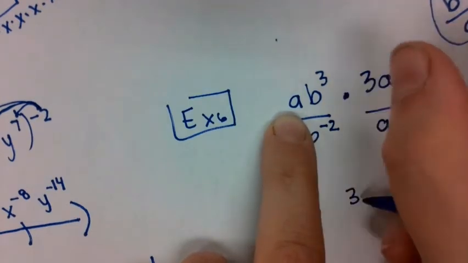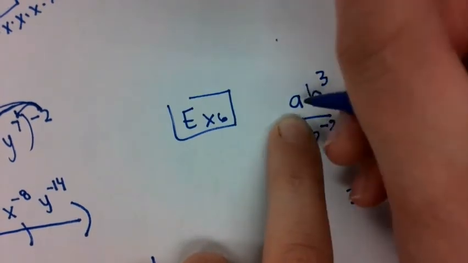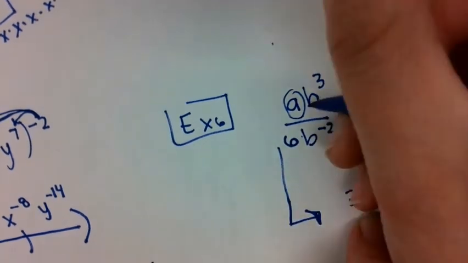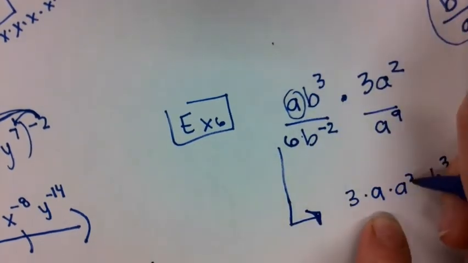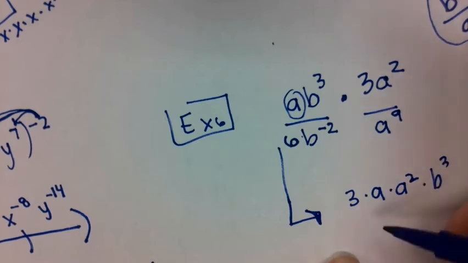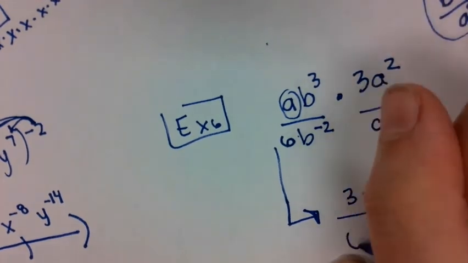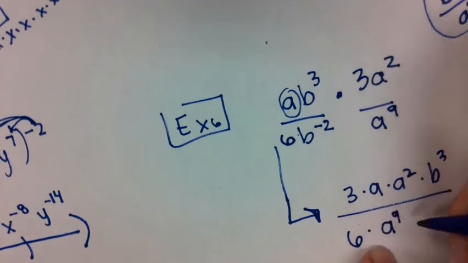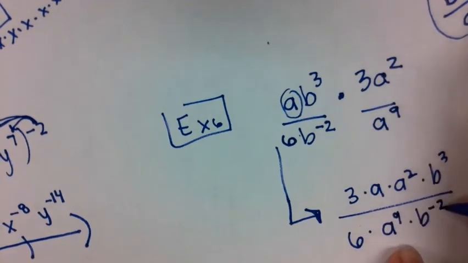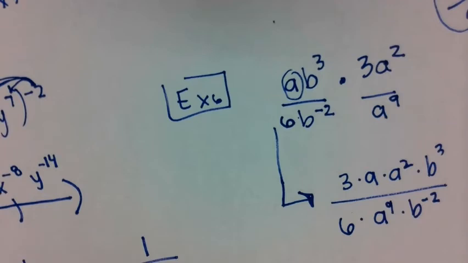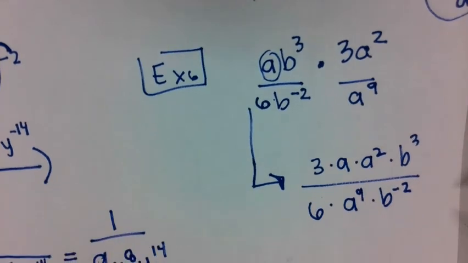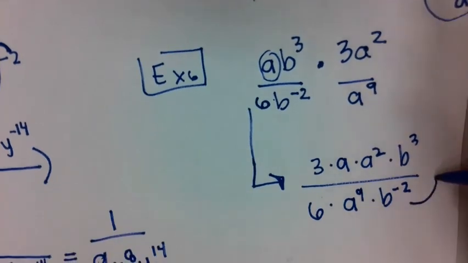I'm going to put constants first. 3 times a, so there's my a, times I've got another a squared, times b to the 3rd power, and that's everything in the numerator, divided by 6 times, I'm going to go alphabetical, a to the 9th times b to the negative 2nd. Now it doesn't matter if you are alphabetical, but I find it helps me organize my fraction.